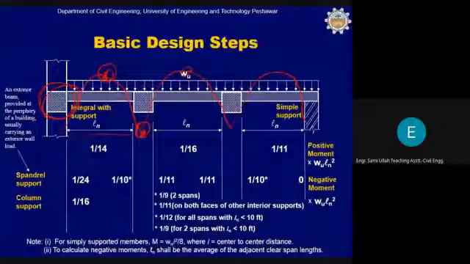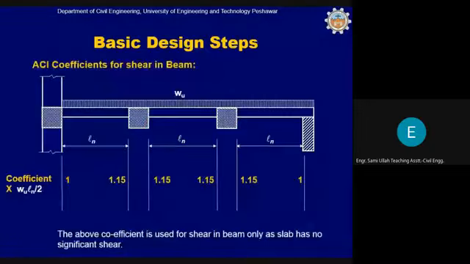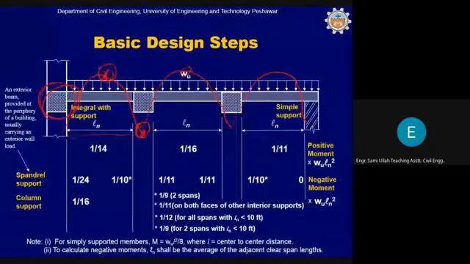Negative bending moment. Do you understand negative bending moment values? Yes, sir. If you look at the negative bending moment, there are two negative bending moment values. One is for column support, the case which we were discussing right now. When the beam is integral with the column, the negative bending moment value will be 1/16.